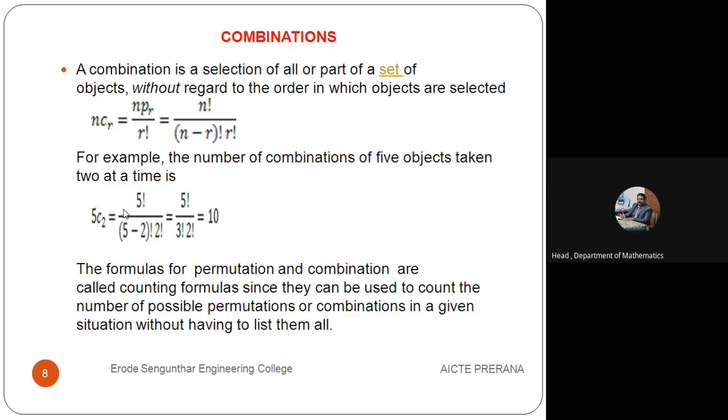Whenever in a problem the selection is required, we have to use combination. The arrangement means we have to use permutation. The formulas for permutation and combinations are called counting formulas, since they can be used to count the number of possible permutations or combinations in a situation without having to list them all.